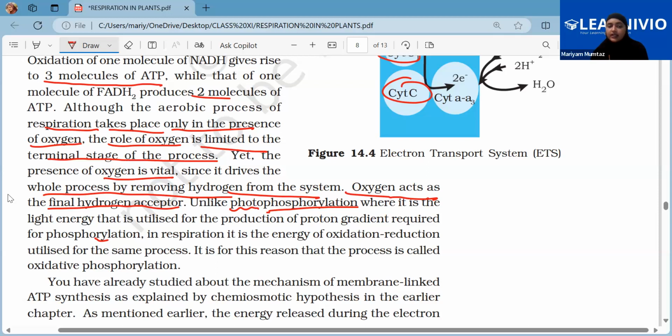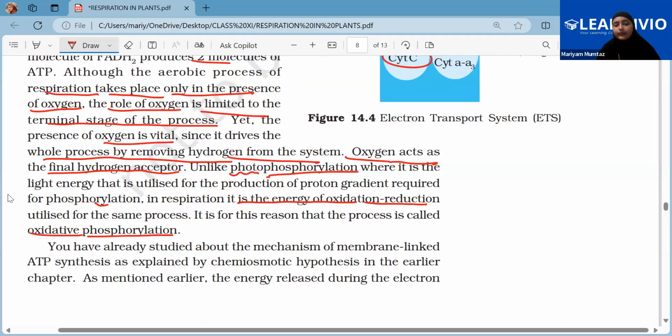So after the chemiosmotic hypothesis, we know how the substrate level or photophosphorylation happens. But unlike that, in respiration, it is the energy of oxidation and reduction, meaning redox, that is used for the formation of ATP. That is why it is known as oxidative phosphorylation. Meaning, because of the oxidation processes, ATP is being synthesized.